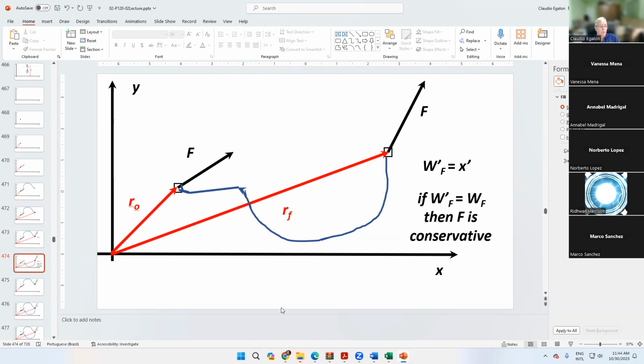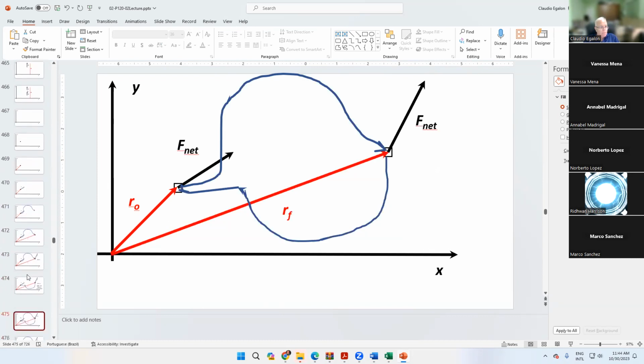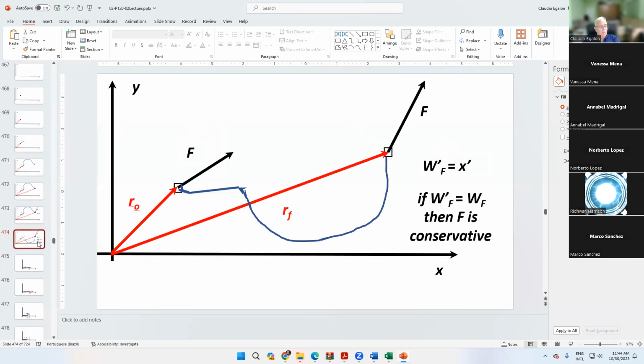That's the very definition of conservative force. Otherwise, it's going to be a non-conservative force. Make sense? That's the definition.